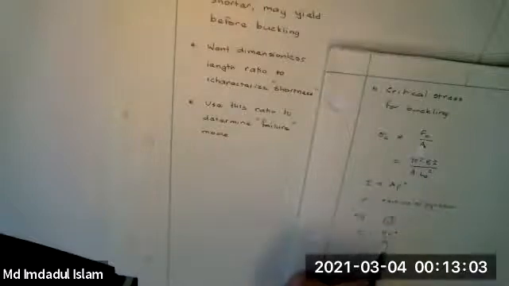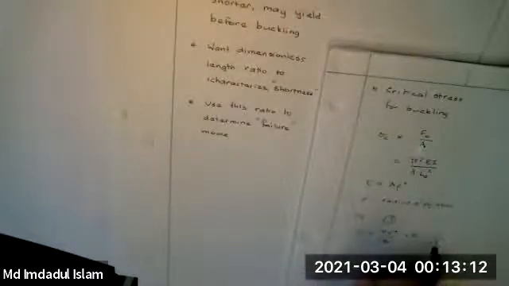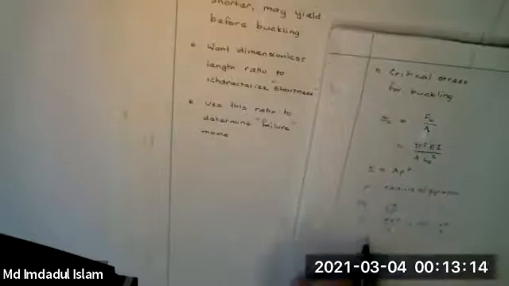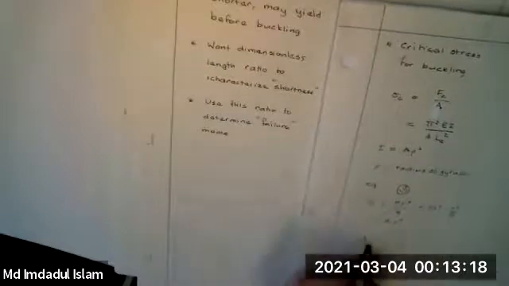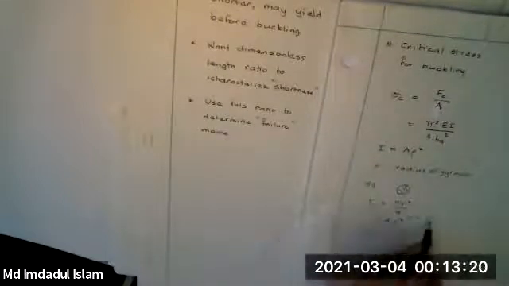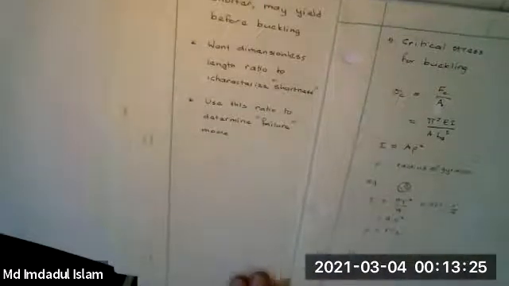This would be pi d to the fourth upon 64. In terms of R, it's pi r to the fourth upon 4. And so that's pi r squared times r squared upon 4. That's A rho squared. So this radius of gyration, rho squared equals r squared upon 4, so rho is r upon 2. So we can identify this.